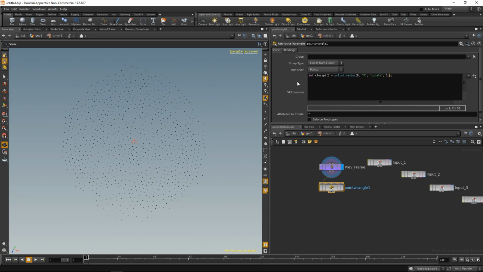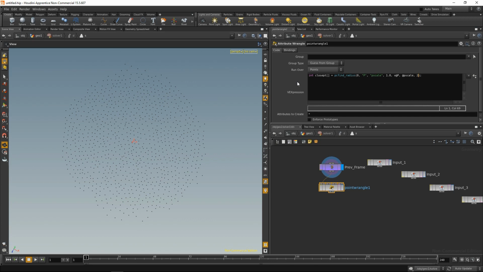Then a scaling factor for p-scale, then the current position we're searching for the other points from, then the radius within which we would like to look for other points. So let's take the p-scale here again, and then the maximum number of points, in our case 2.